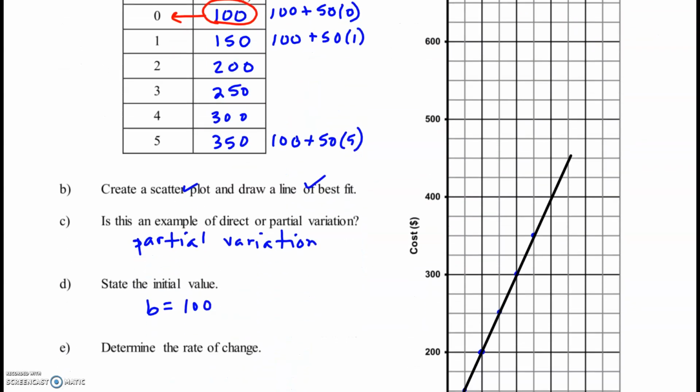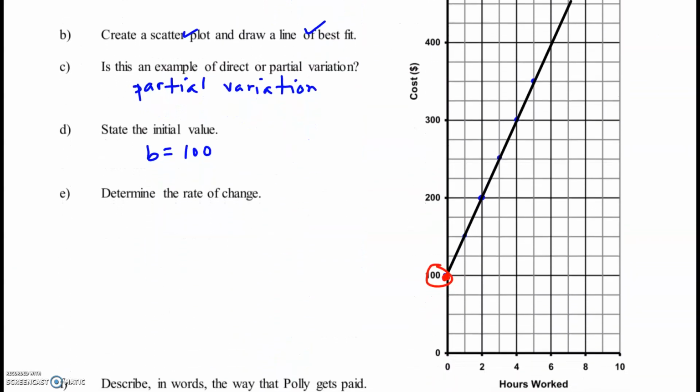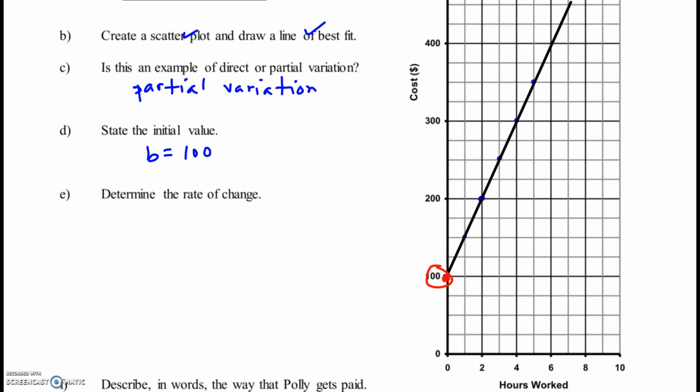All right. Next, they want us to determine the rate of change. So because it says determine, we're going to do calculation. So we know that means we need 2 points, y2 minus y1 over x2 minus x1. So our first point we'll use is the initial value is 0, 100. And then I'll pick another point.